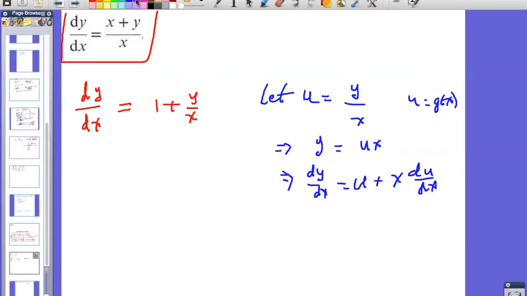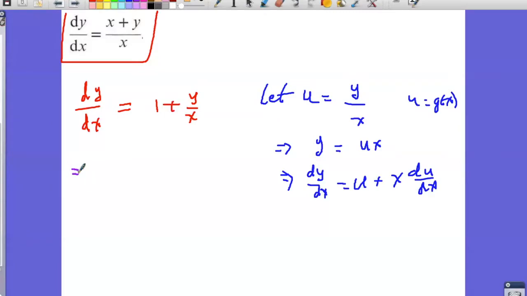So our differential equation becomes u plus x du dx.